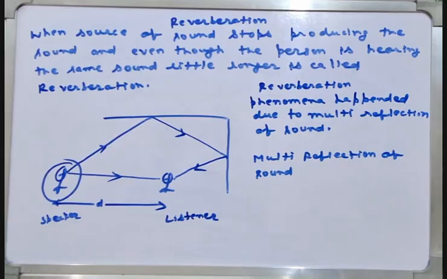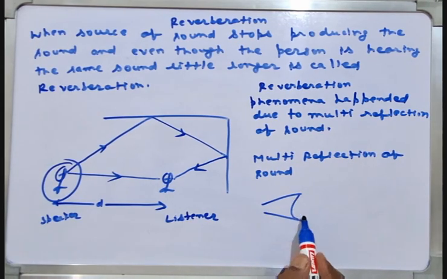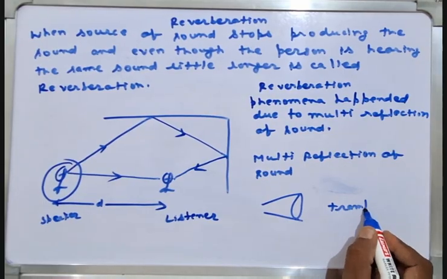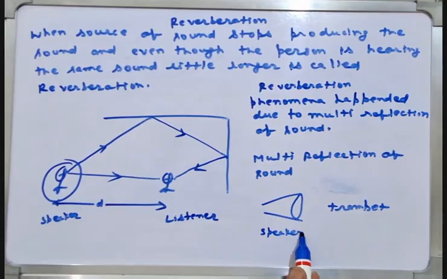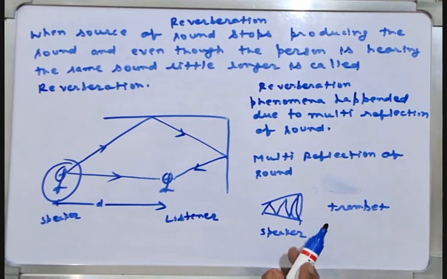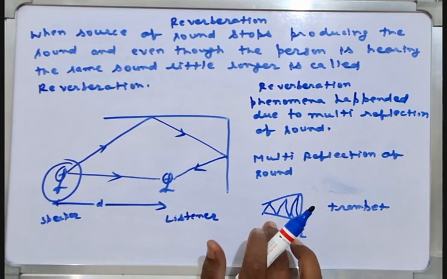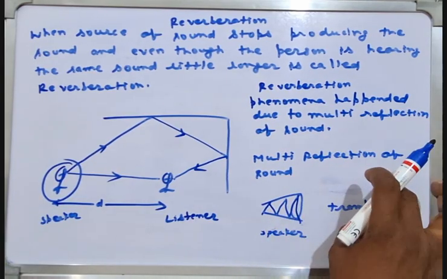So guys, you notice the speaker or here the trumpet, its shape is conical. Why? Because due to its conical shape, the sound wave is reflected multiple times and the sound wave goes in one direction.